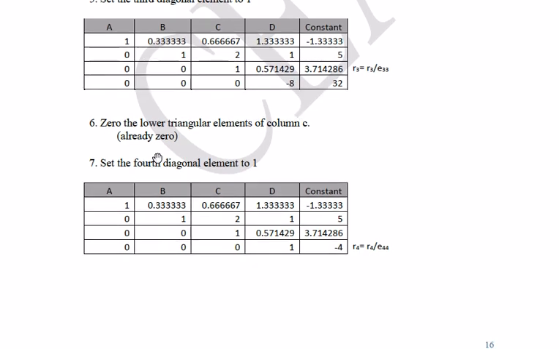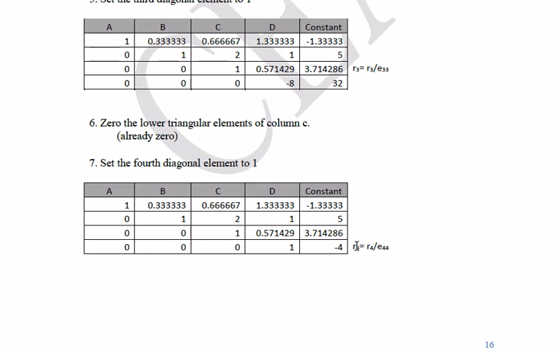And of course, the last step is to set the fourth diagonal element into 1, because our target is to make these diagonal elements 1. In order to make this 1, we divide negative 8 by negative 8.